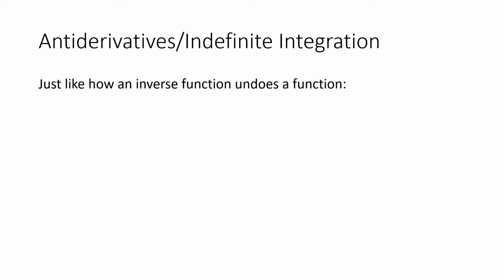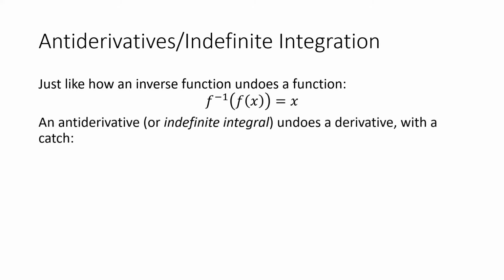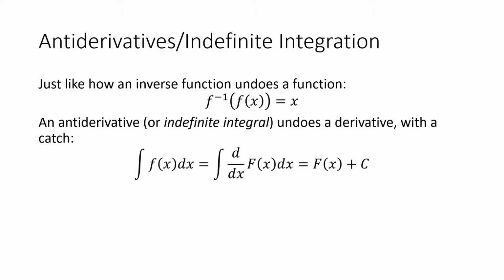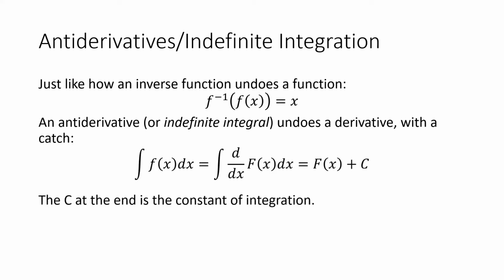Just like how an inverse function undoes a function, for example f inverse of f gives you x, an antiderivative or indefinite integral undoes a derivative, with a catch. There's a c at the end once you use the indefinite integral.